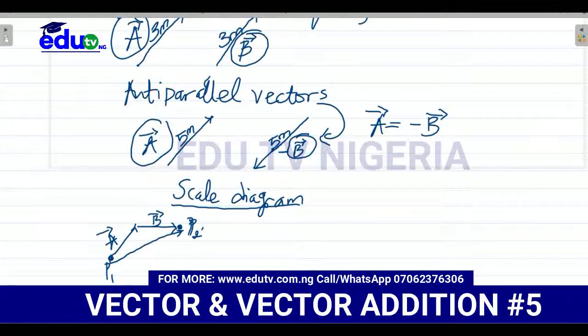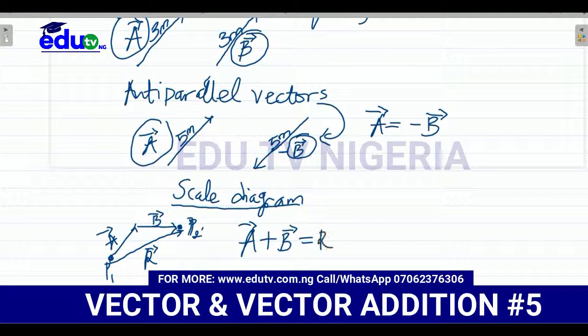So the addition of vector A and vector B will give us a resultant vector, which let's name vector R. So we talked about that too.